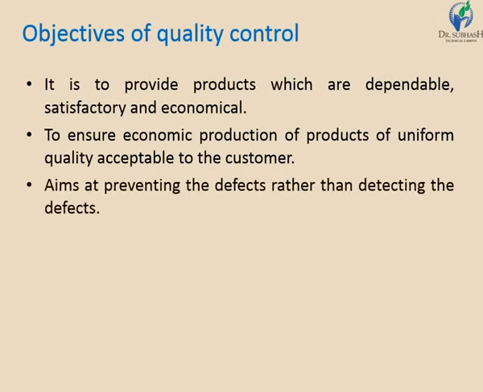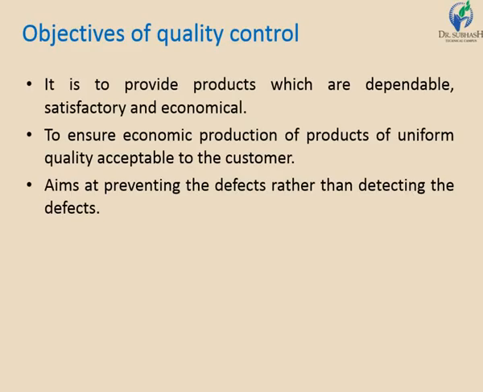The third objective aims at preventing defects rather than detecting defects. The main aim of quality control should be to prevent defects rather than detect them. There should be such a setup that defects are minimum or reduced almost to zero.